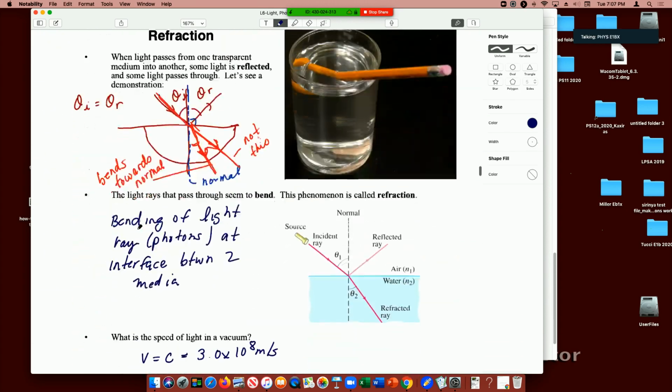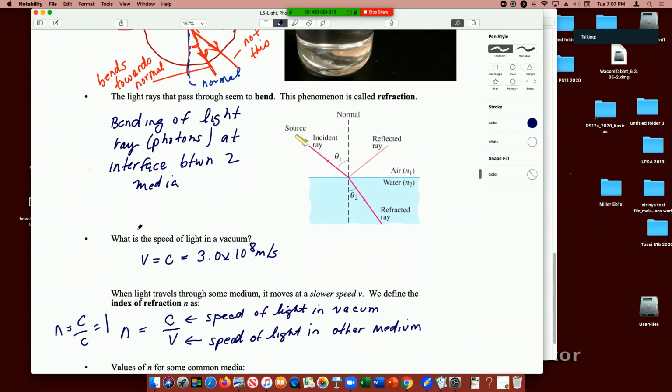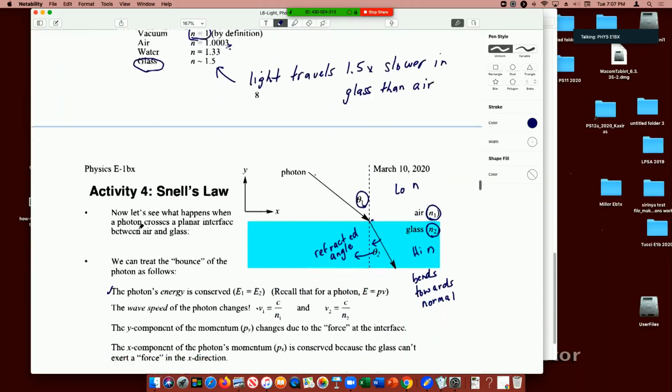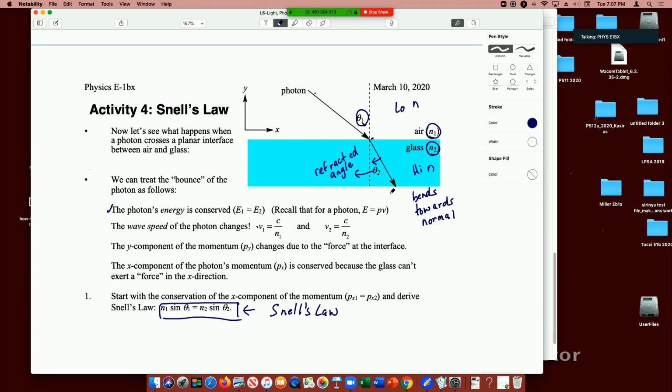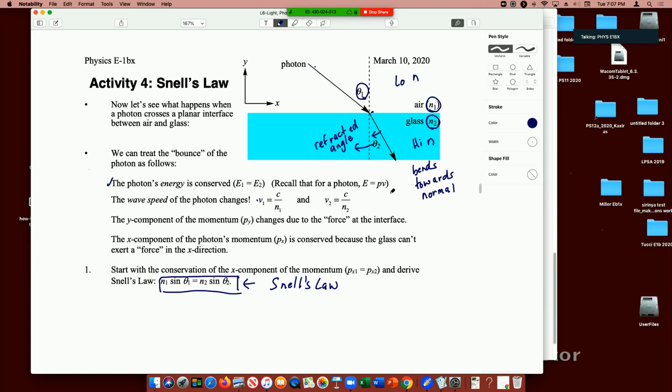What happens here in this picture? Down here, does it go from negative to positive? No. It becomes more negative, right? So the y component of the momentum changes due to the force at the interface. That change, so the y component becomes more negative, which is interesting.